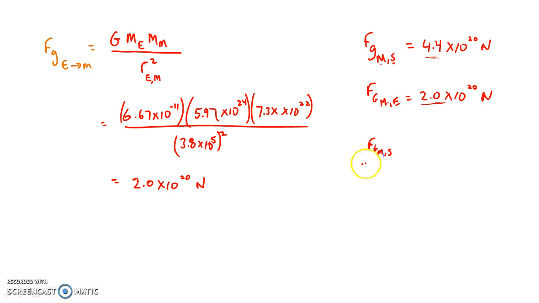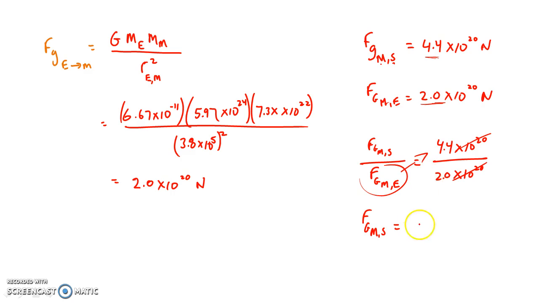FG Sun-Moon divided by FG Moon-Earth, and you would see that 10 to the 20 cross off, and the force of gravity from the Sun on the Moon is equal to 2.2 times the force of gravity from the Earth on the Moon.